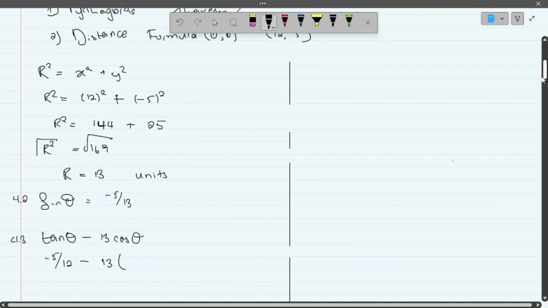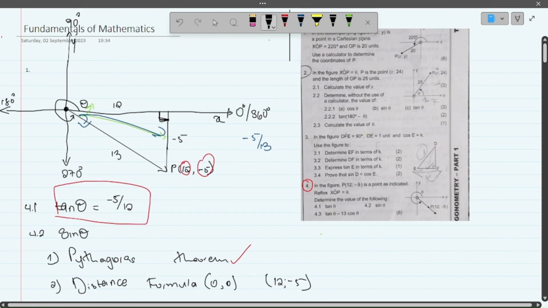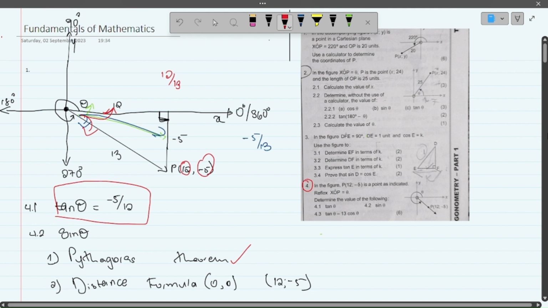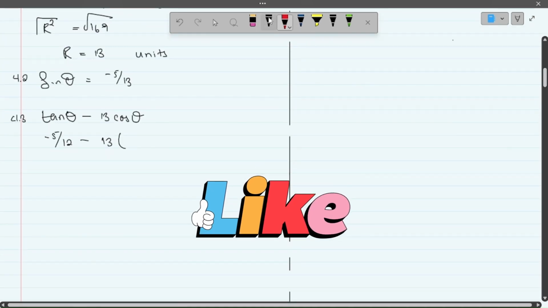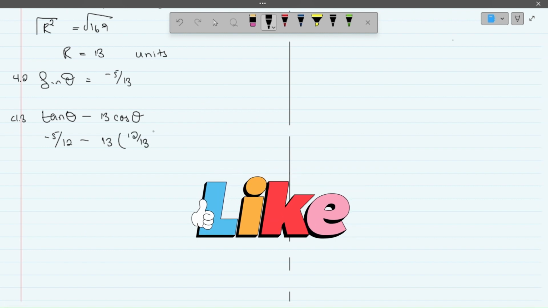Cos theta is adjacent over hypotenuse, which means 12 over 13. So cos theta is 12 over 13.